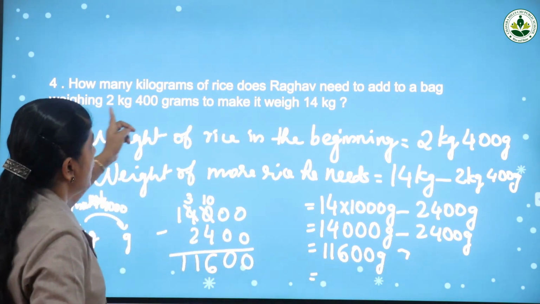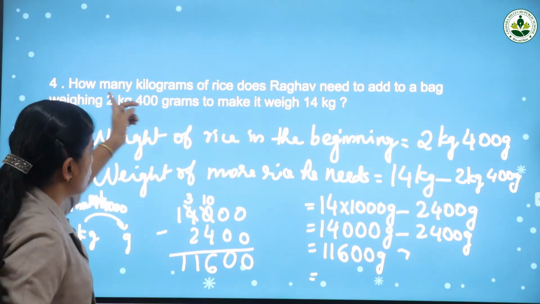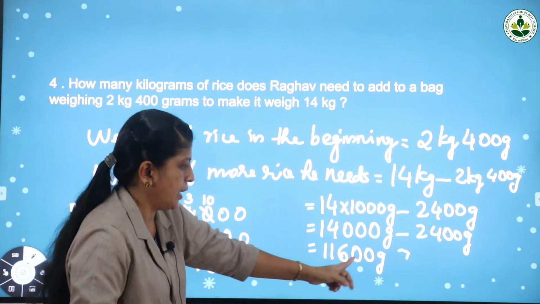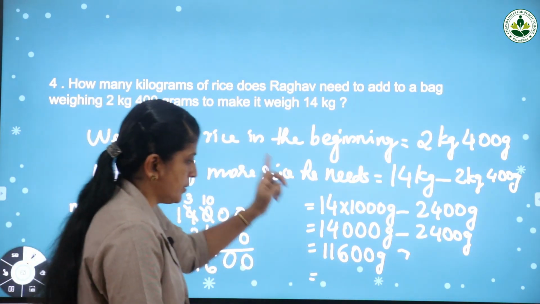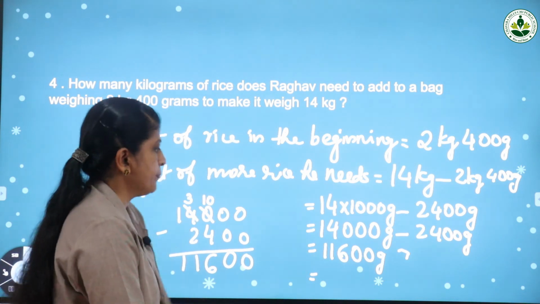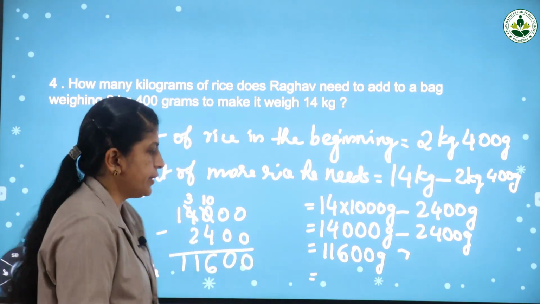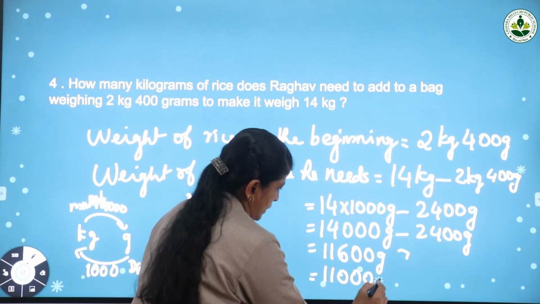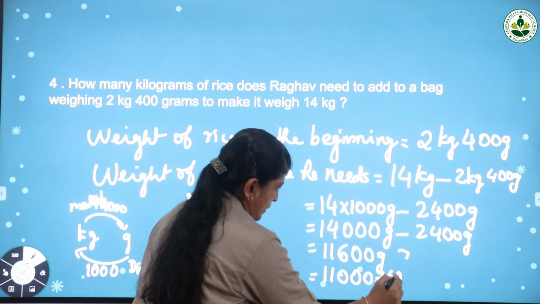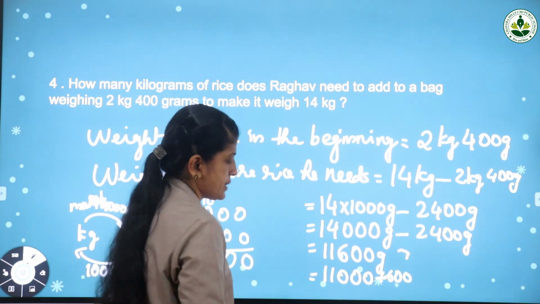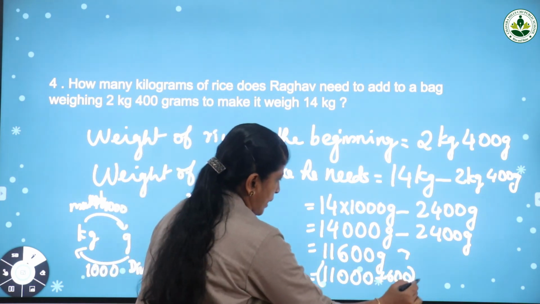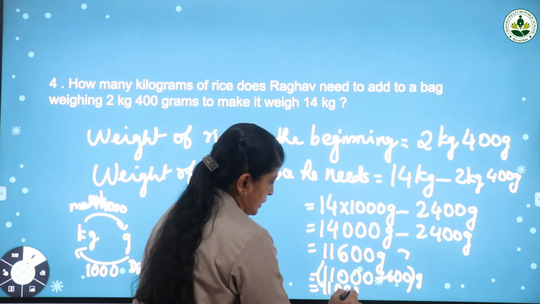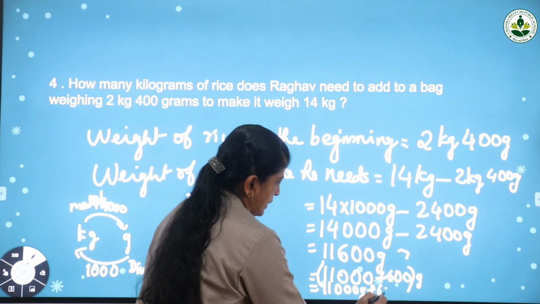Then look at the question. The question is how many kilograms? In the question it is asked how many kilograms, and we got the weight in gram. That means convert this gram to kilogram. Then 11,600, we can split it as 11,000 plus 600. That is 11,000 gram plus 600 gram.